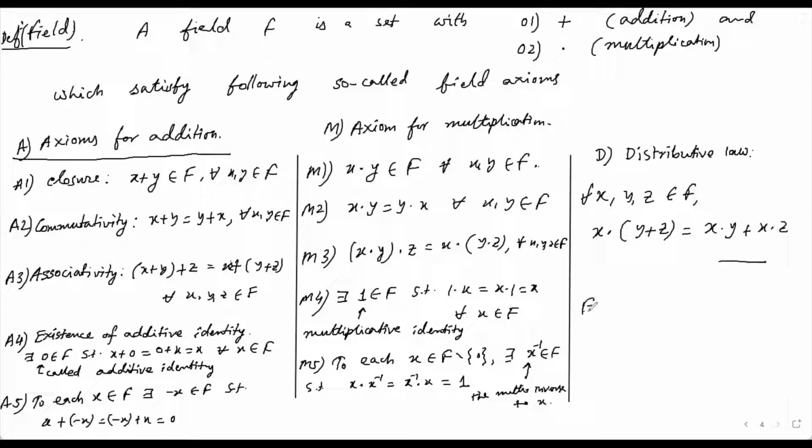So for example, Q is a field where plus is the usual addition, and the usual multiplication of rationals is multiplication. So this is a field.